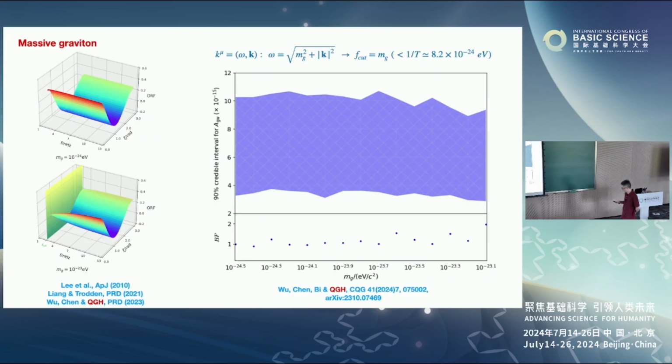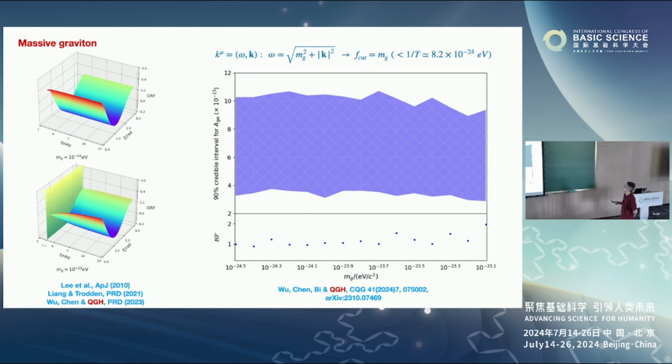So, in order to check these three predictions, we can give a mass to the graviton. Once the graviton has a small mass, it will modify the correlation of TOAs from different pulsars.